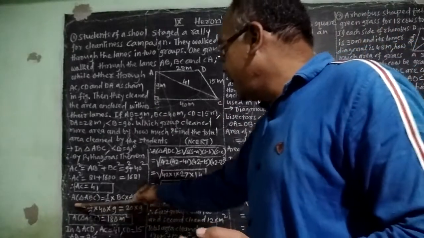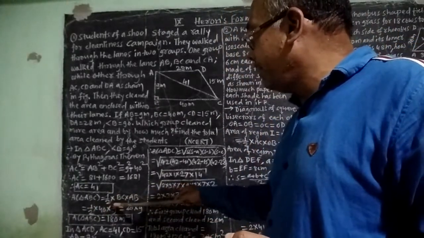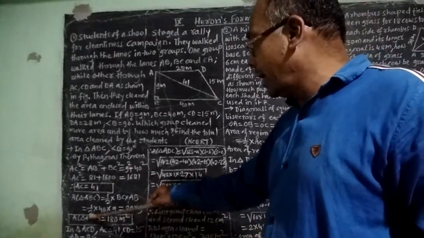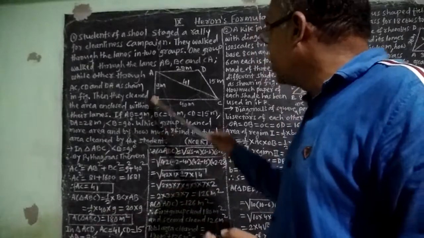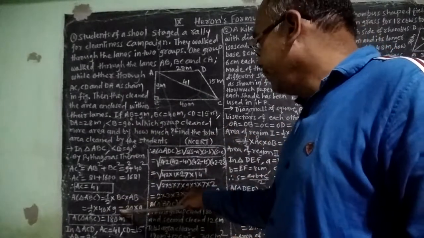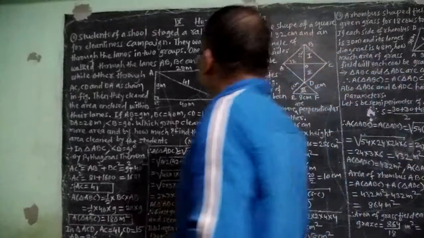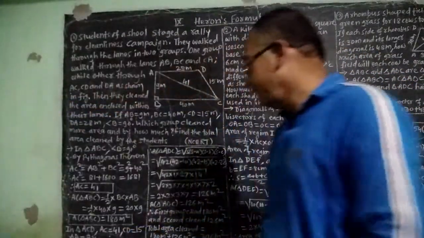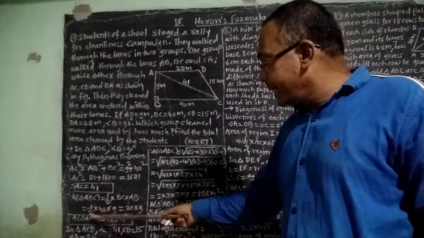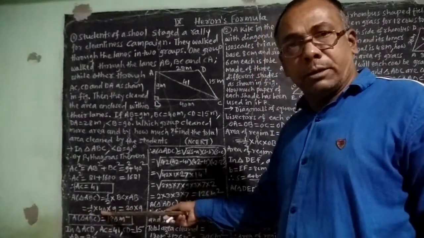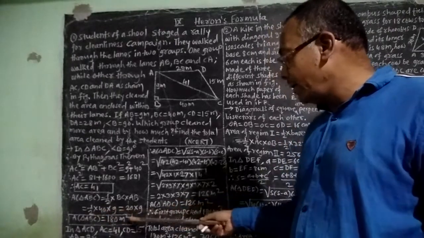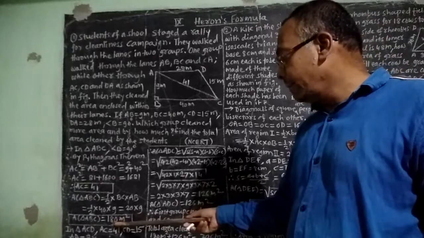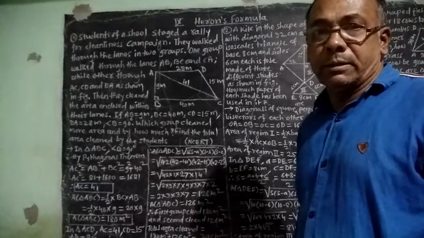So area of triangle ABC is equal to 1/2 into BC into AB, that is 1/2 into 40 into 9. 40 divided by 2 is 20, and 20 nines are 180 meter square. So area of triangle ABC is equal to 180 meter square.